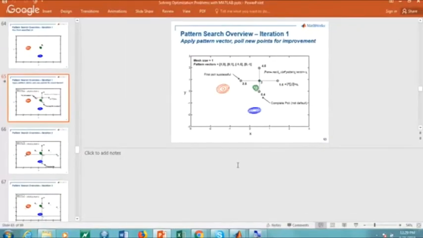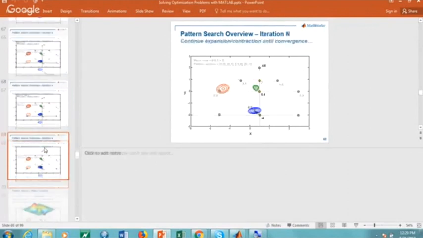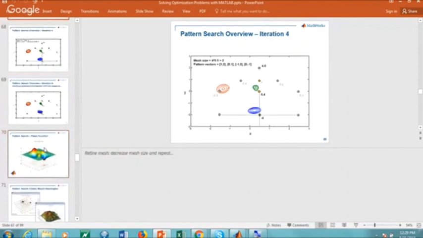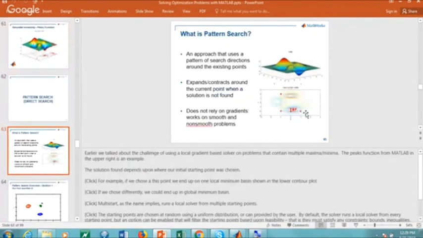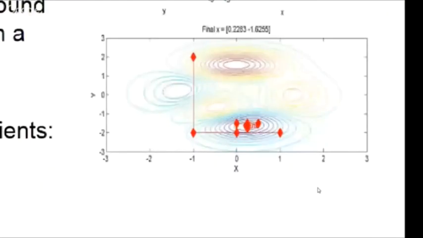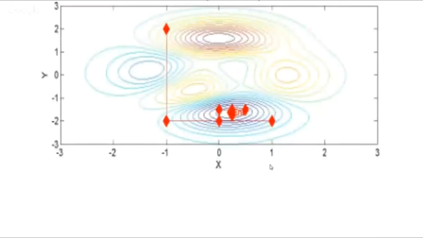So if I show it to you here, I think it was even visible there also. So here, what you can see is, this is your starting point, you move along all directions. You say this is the lower value.